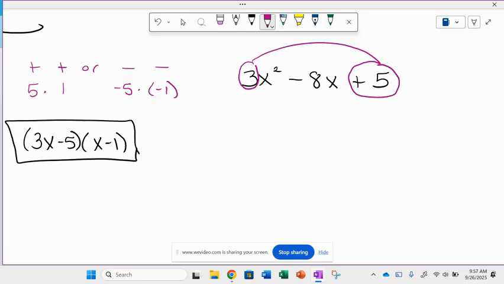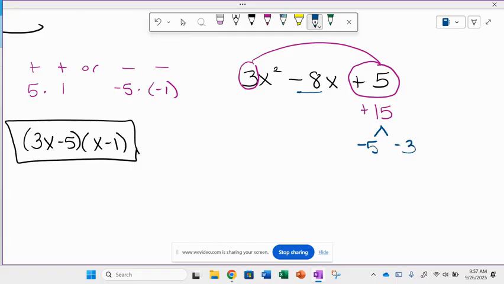So you're going to get 3 times a positive 5, which gives us a positive 15. Then, and now your teacher might have written this differently, but it's essentially the same concept here. Then what you do is you're going to ask yourself, okay, well, now I need factors of a positive 15 that add to a negative 8. What are factors of a positive 15 that add to negative 8? Negative 5 and negative 3.